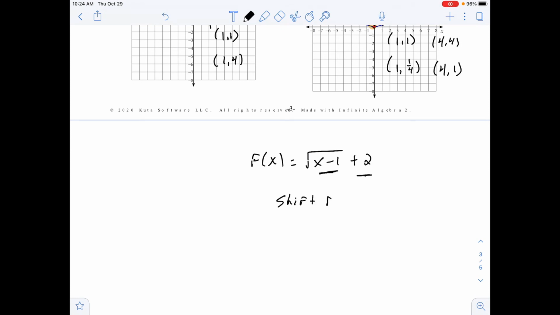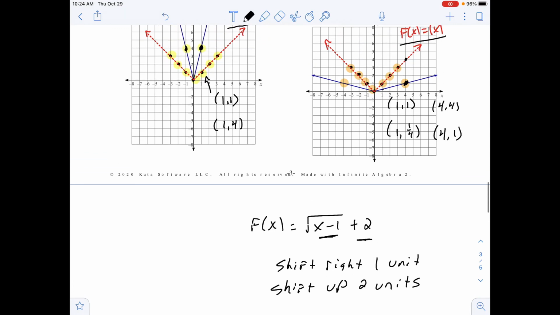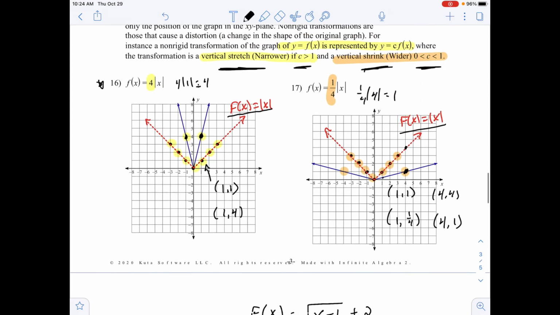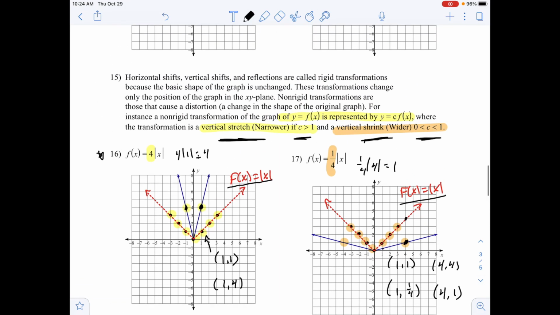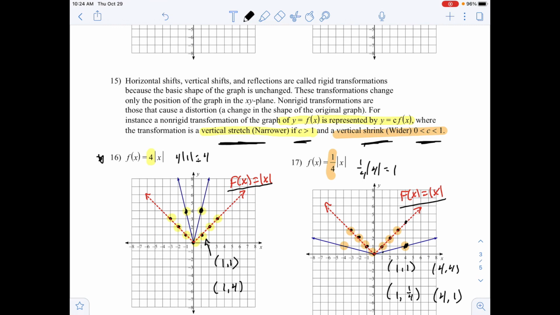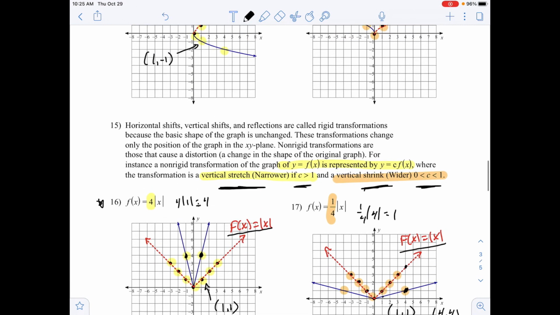So this would be a shift to the right 1 unit, and then a shift up 2 units. So you can have, of course, multiple transformations. Most of what I did was just one to show you how to do that, but of course you can combine them. Again, hopefully this helps you with the parent functions and knowing how to transform them based on a rigid or a non-rigid transformation.